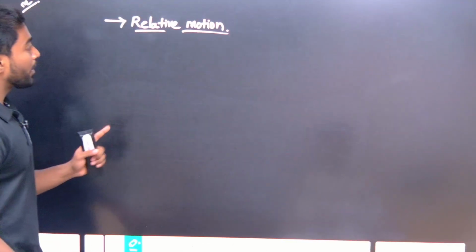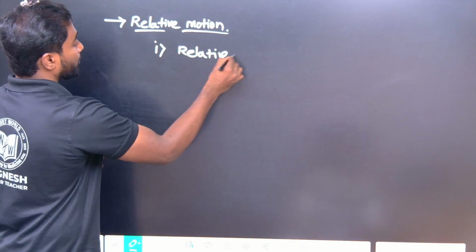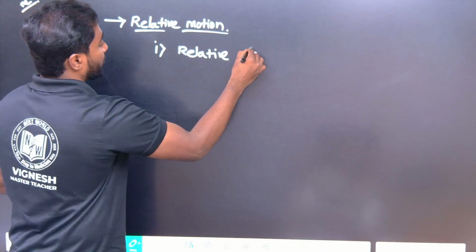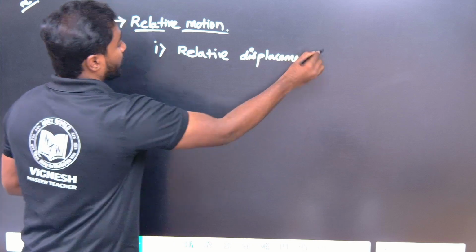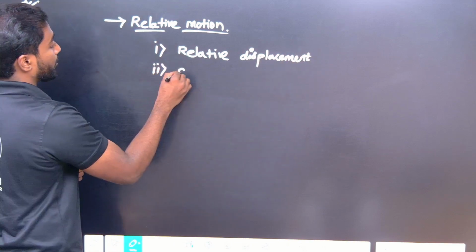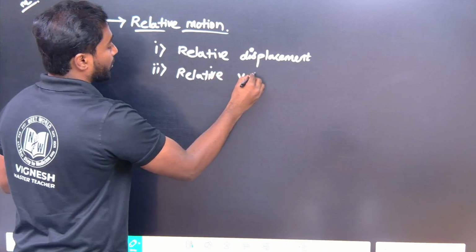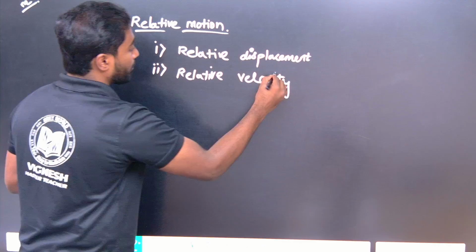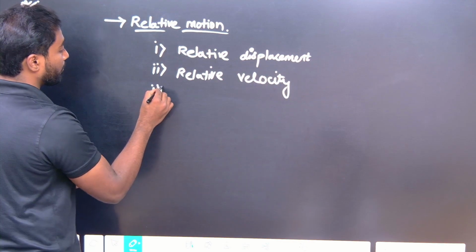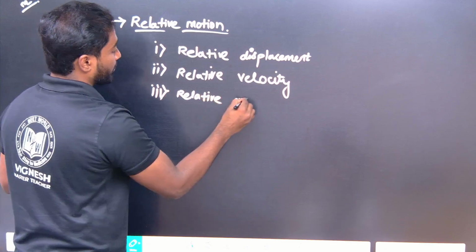So under this we are going to see relative displacement or position, relative velocity, and then relative acceleration.